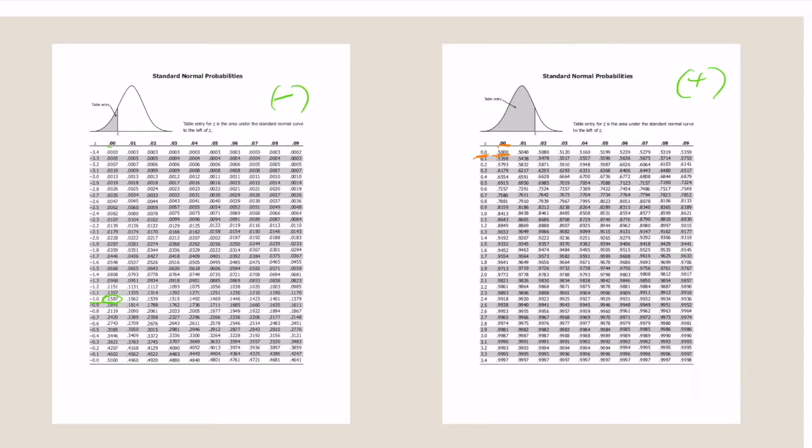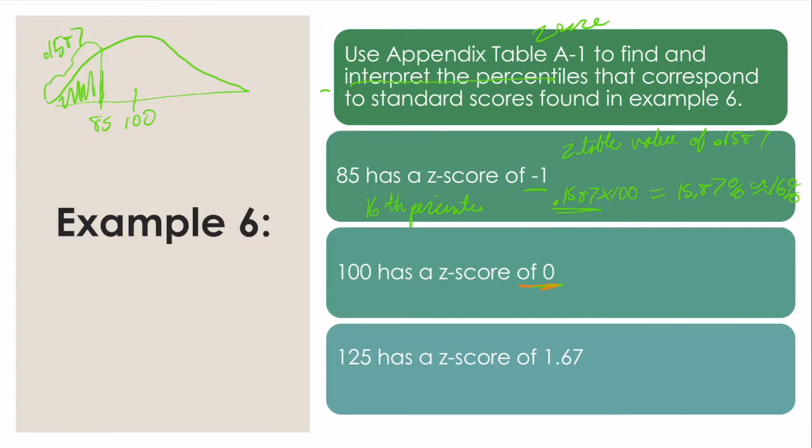So 100 has a z-table value of 0.5000. If we take that times 100, that is our 50%, so that would be the 50th percentile. And that would mean the area to the left of it on a normal curve, this whole area, would be 0.50.